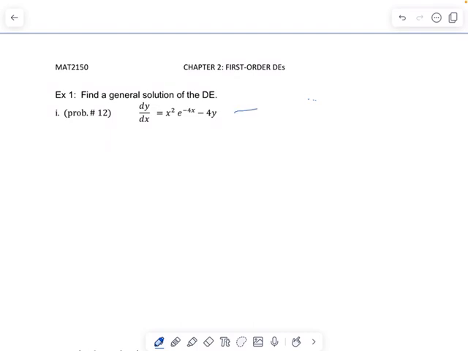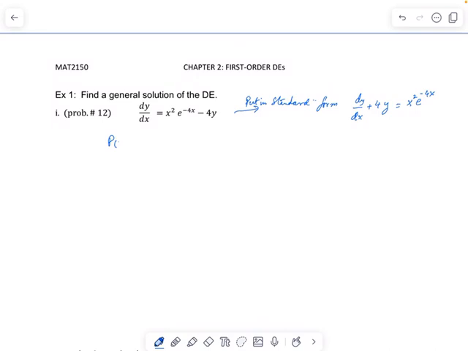The first thing is to put it in standard form. So putting it in standard form, it will be dy by dx plus 4 times y is equal to x square e to the minus 4x.